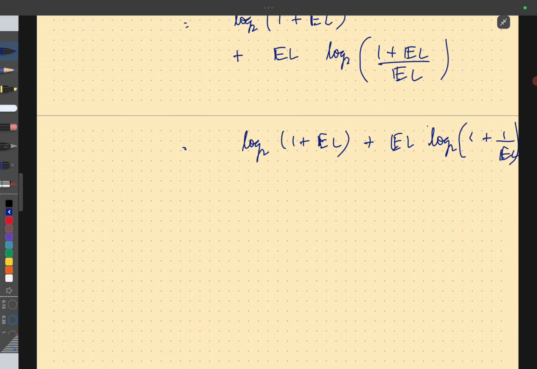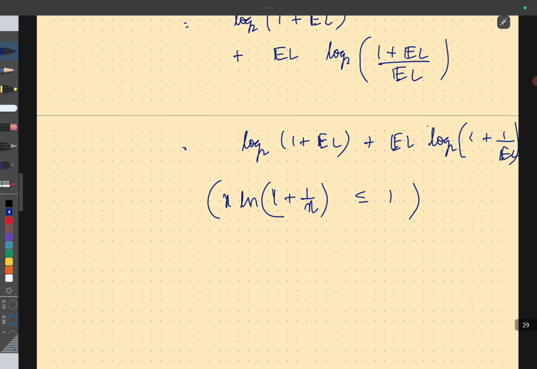Now I'm just going to make use of a standard inequality which says that x times the natural logarithm of 1 plus 1 over x is less than or equal to 1, for all x greater than 0.